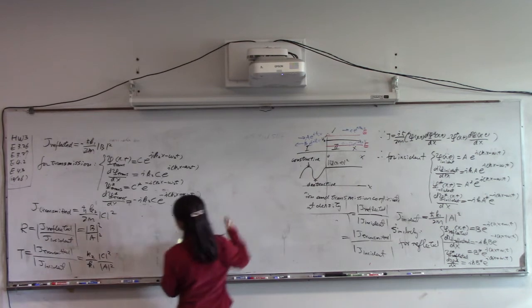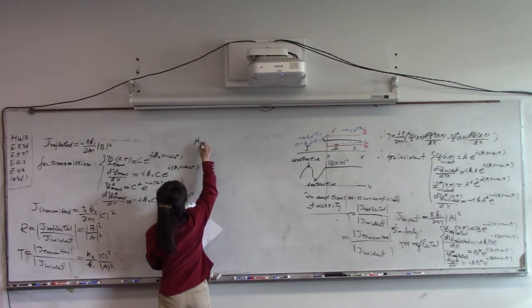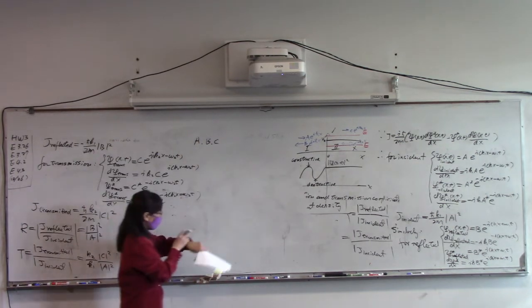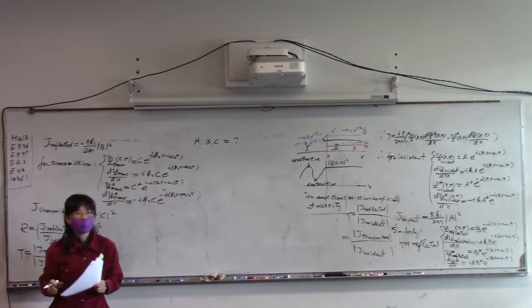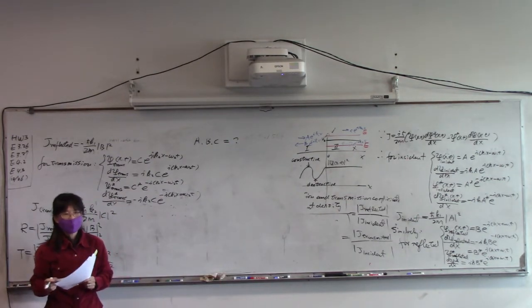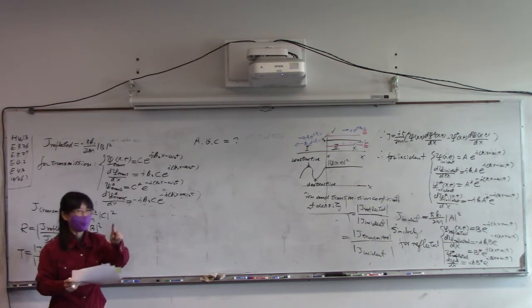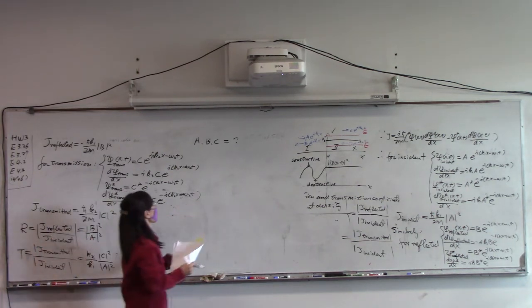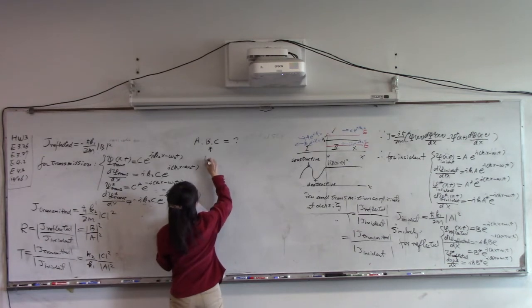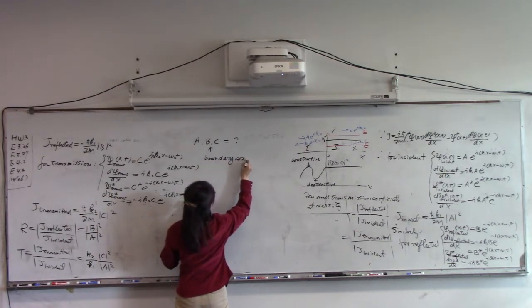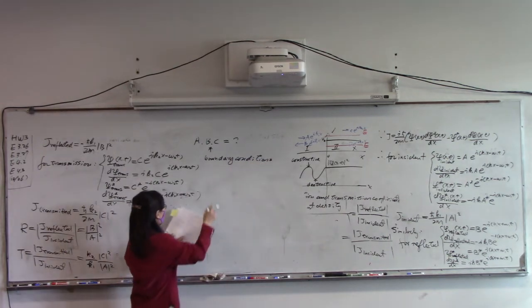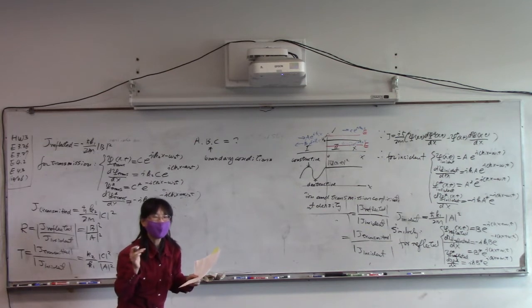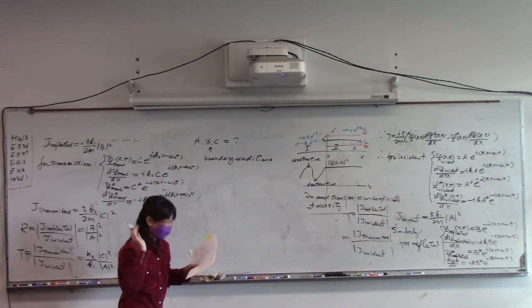So now, the next job, A, B, C. How to do this? Boundary conditions. We haven't used boundary conditions so far. Now, how many boundary conditions? Three? Okay, let's do it.